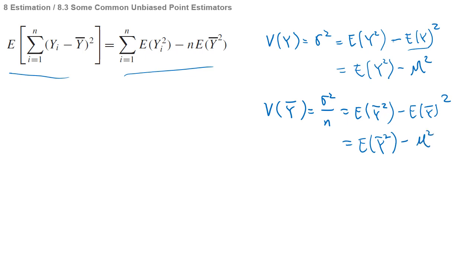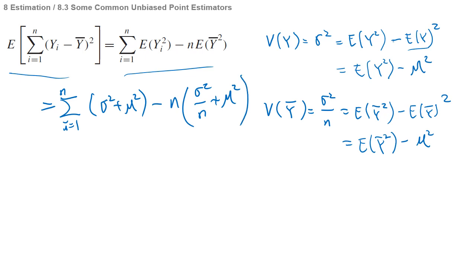Okay, then let's plug these in. Sum of i equals 1 to n, expected value of yi square is sigma square plus mu square, and minus n times expected value of y bar square, which is sigma square over n plus mu square.